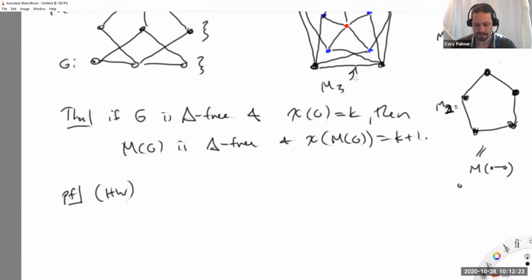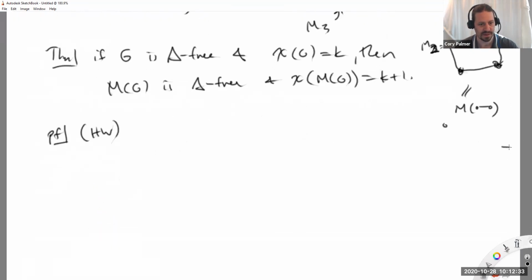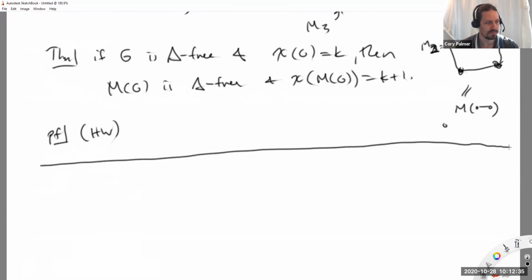Okay. So that one I'm not going to prove, but I'm going to tell you two other constructions and prove that those ones are triangle free and so on. These ones are a little more complicated. The Mycielski is the easiest, I think, to understand. Okay, so the next one is the Zykov graph.